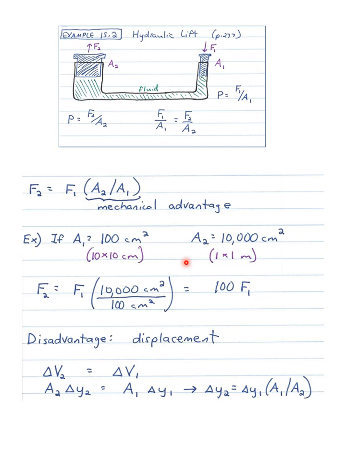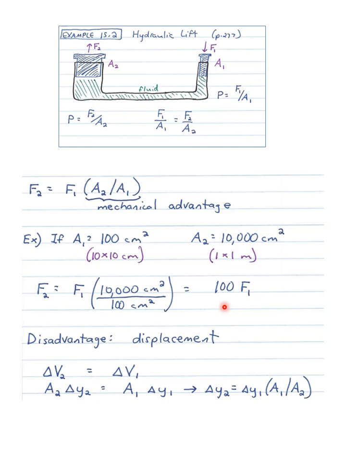So maybe we can step on A1 with our feet, we can stand on it, and we're going to put a car on A2. The force that we're going to get is F1 times the ratio of those areas. The ratio of those areas is 100 times.